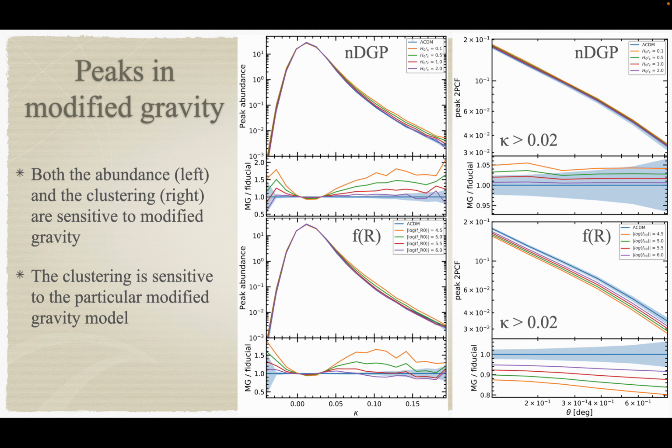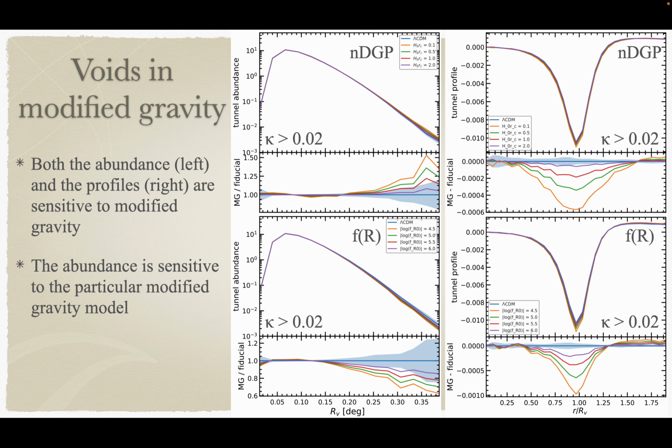And on the right, we also see that the clustering of weak lensing peaks is not only sensitive to modified gravity, but it is sensitive to different modified gravity models, where you see that in nDGP, the clustering of peaks is enhanced, but in f of R, the clustering of peaks is dampened. So this is useful because not only will we be able to constrain the strength of modified gravity, we may also be able to distinguish between different models.